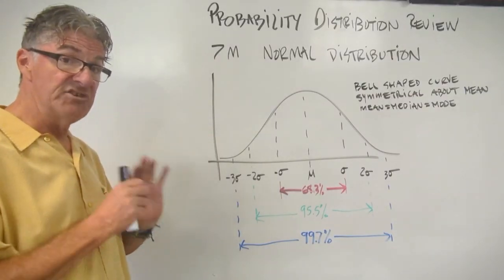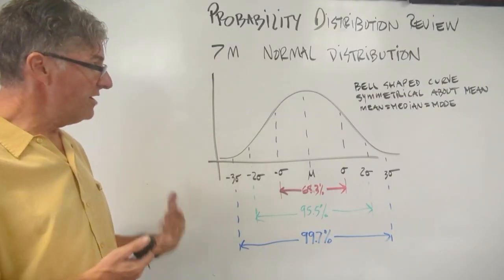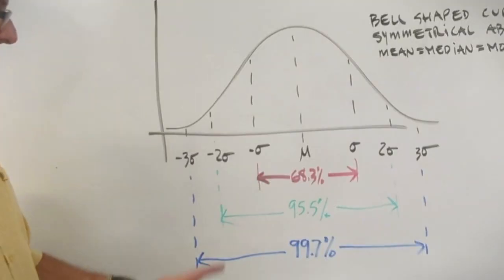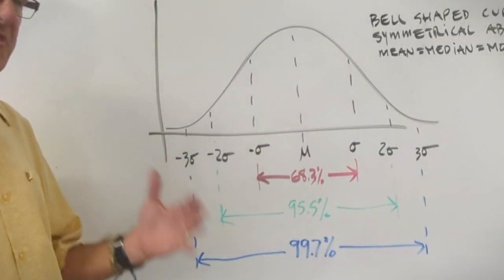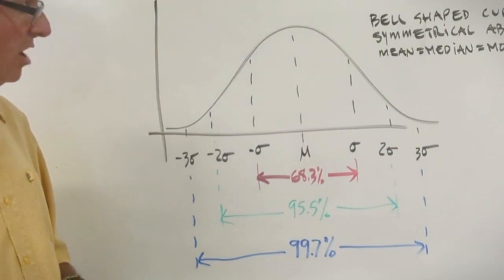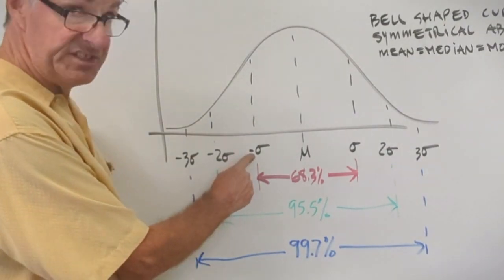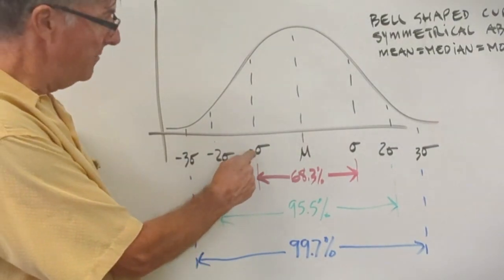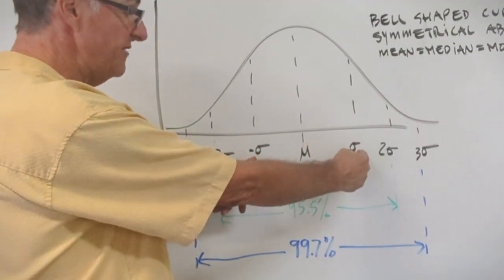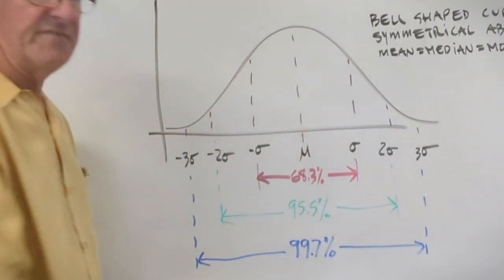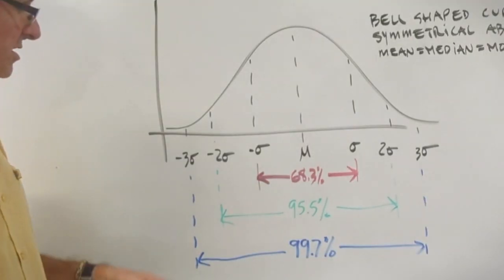Now here is an attribute that you should know about a normal distribution. 68.3% is within one standard deviation of the mean. So that's negative sigma. Remember, sigma is our Greek letter for standard deviation. So between negative sigma and positive sigma, 68% of the data lies in that zone.